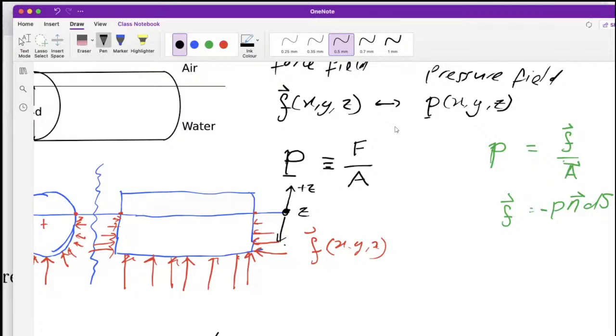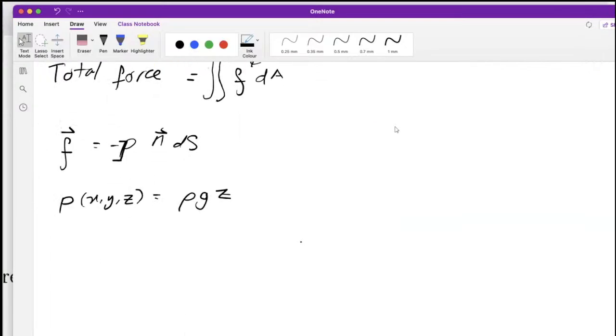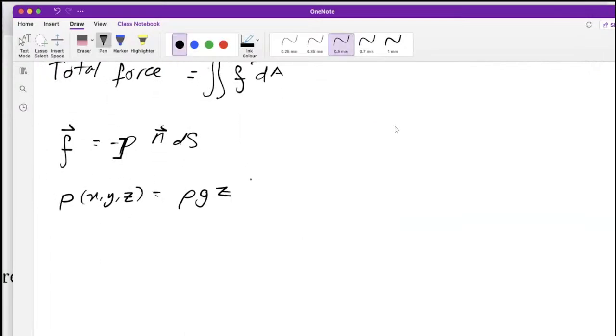And so this is where, last time, by definition, I want to make the value positive as we go deeper in the water.